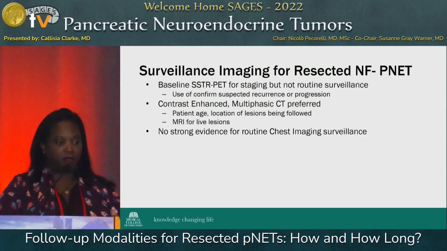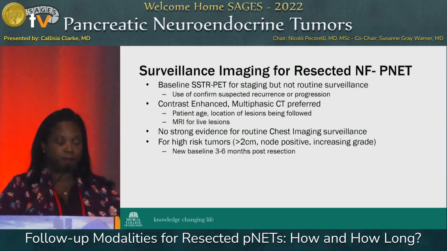MRI certainly is very helpful for liver lesions, but based on the data that we have, there's really not a lot of evidence to support routine chest imaging surveillance for these patients. As we discussed, almost 98% of them or more will recur in the abdomen, and we will catch these recurrences on just abdominal surveillance. But there's no consensus on how frequently we should survey these patients.